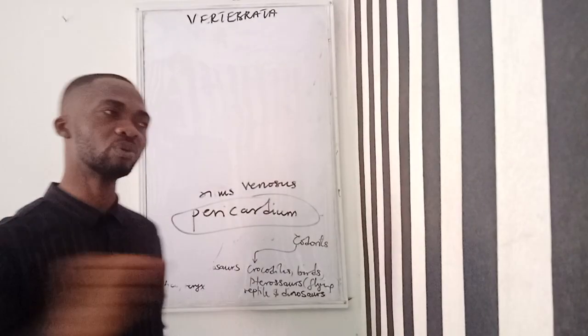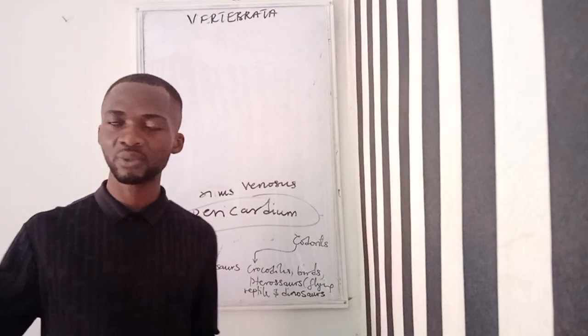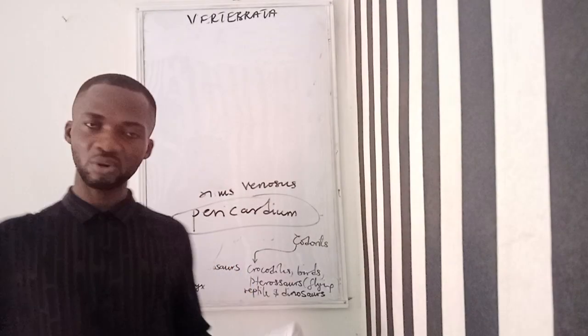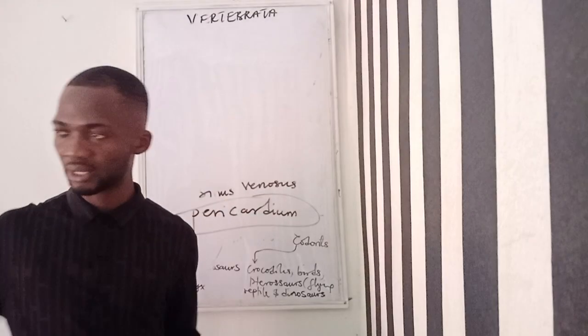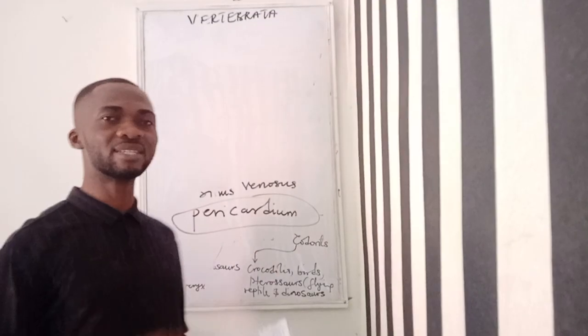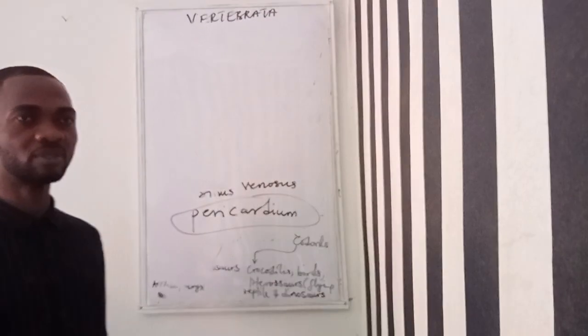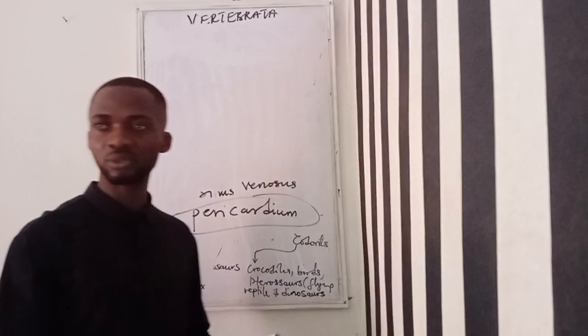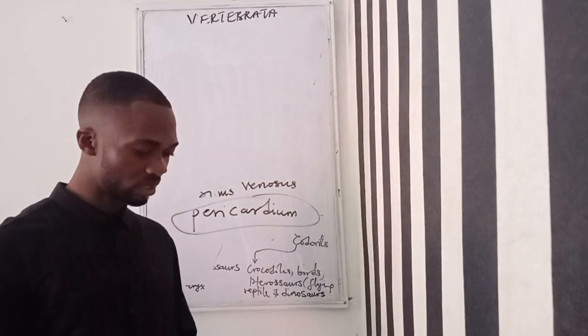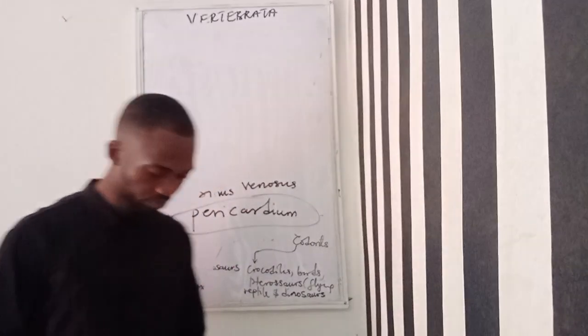The part of the body that was bitten by the snake should not be allowed to move about, because the more you move that part of the body, the more it increases circulation, and if circulation is increased, the venom or the poison or the toxin will get to other parts of the body quickly.